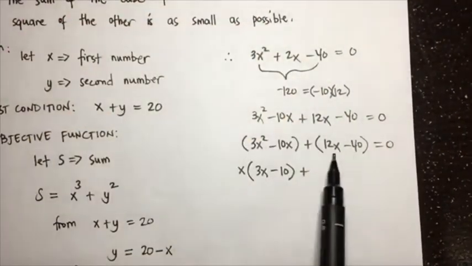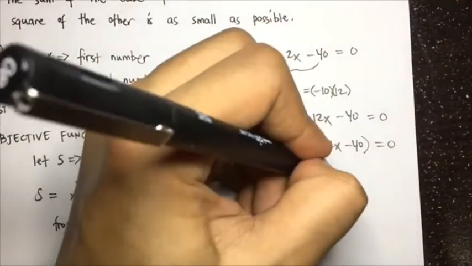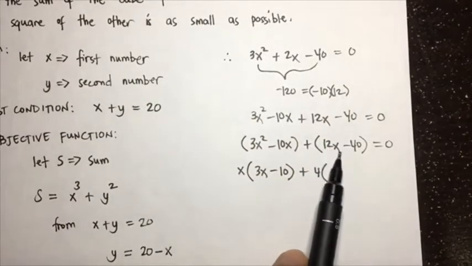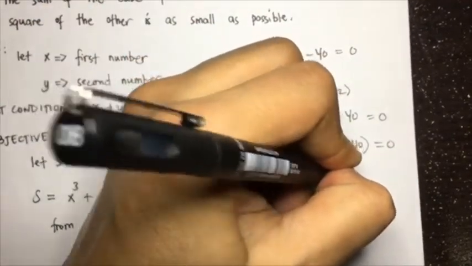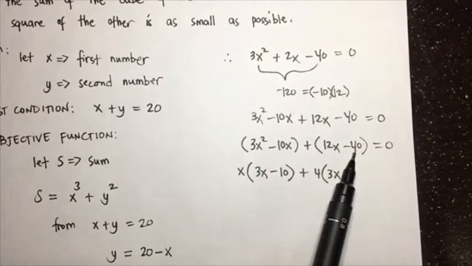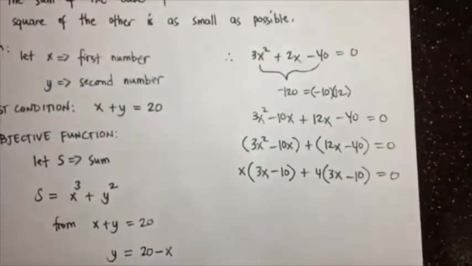Plus, the greatest common factor of the second group is 4. Factoring out 4 from 12x leaves 3x, and from negative 40 leaves minus 10, so 4 times 3x minus 10 is equal to 0.